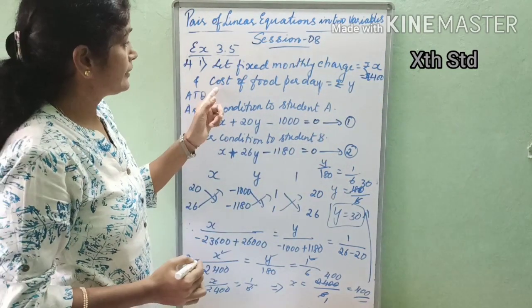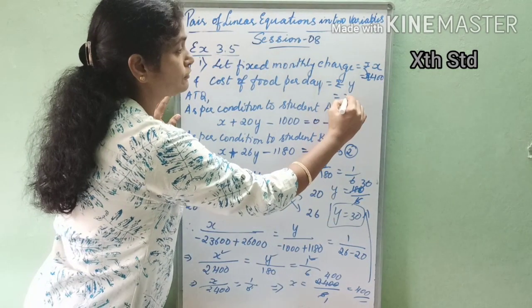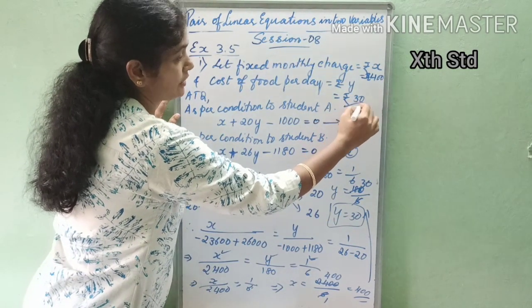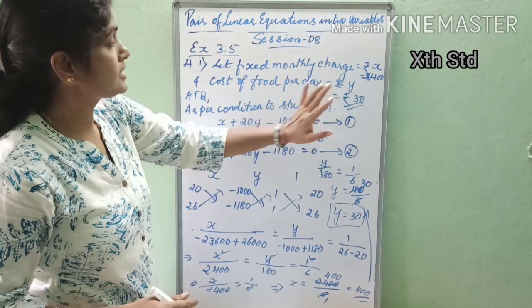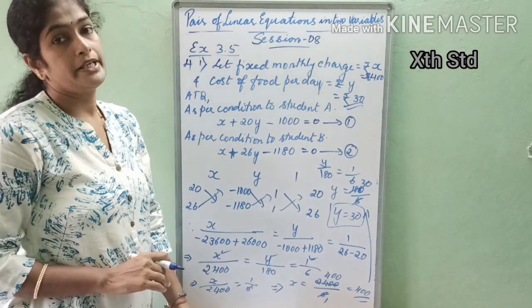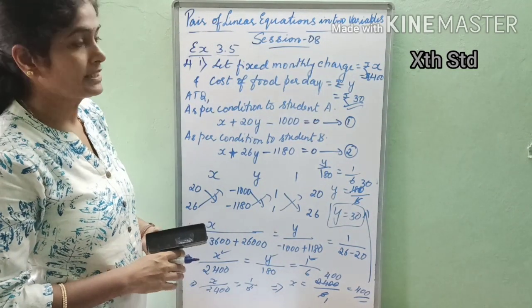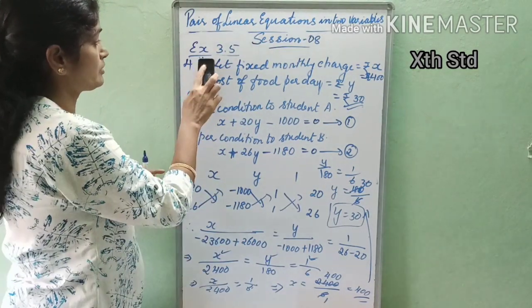And cost of food per day, the y value, is 30 rupees. So the fixed monthly charge for the hostel is 400 and the cost of food per day is rupees 30. With this we will see the next problem.